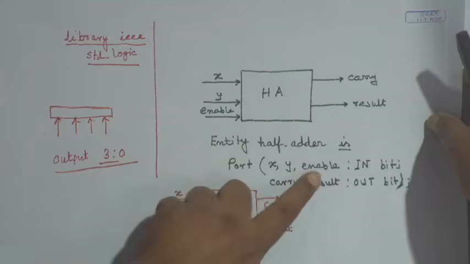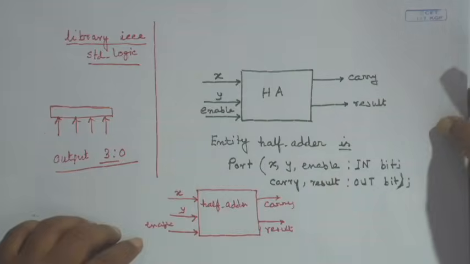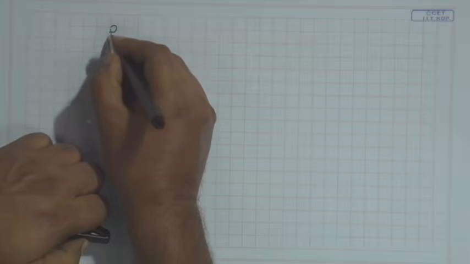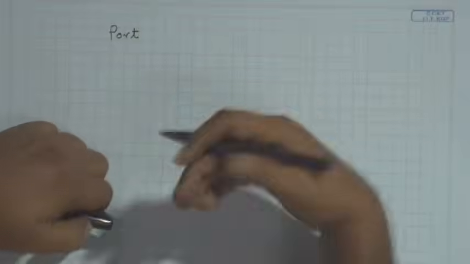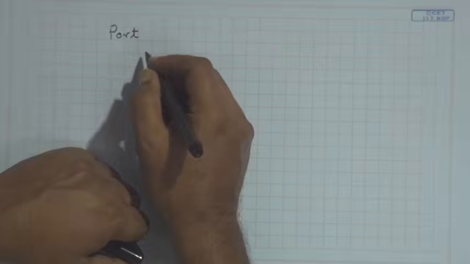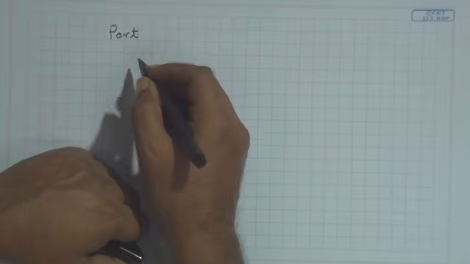Now, as you can see here, the port description can be formally stated as follows. Any entity, in order to interact with the external world, will require ports, and the port will have three parts.